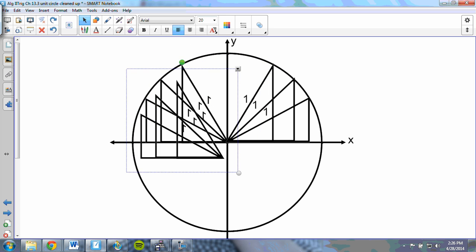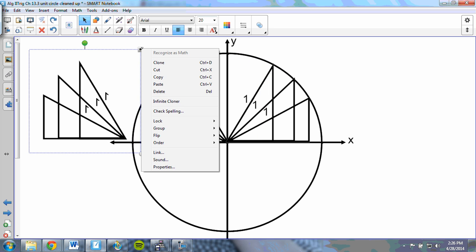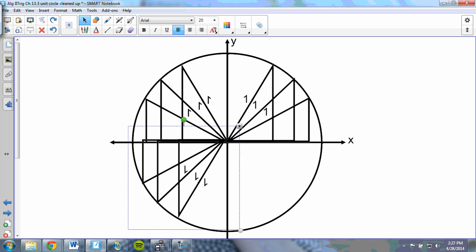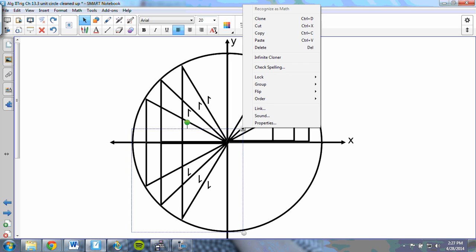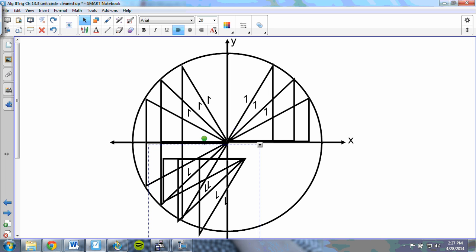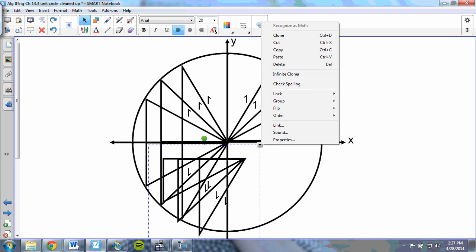Then we can take another one and find 3 more points. And then finally we can take one more, flip it around, and find these last 3 points.